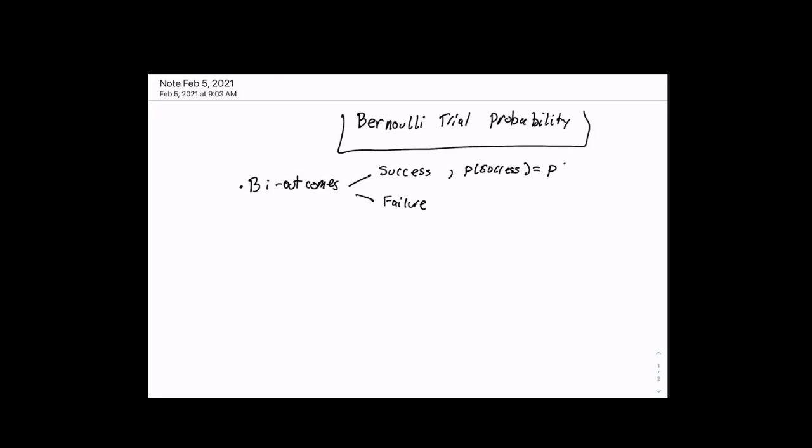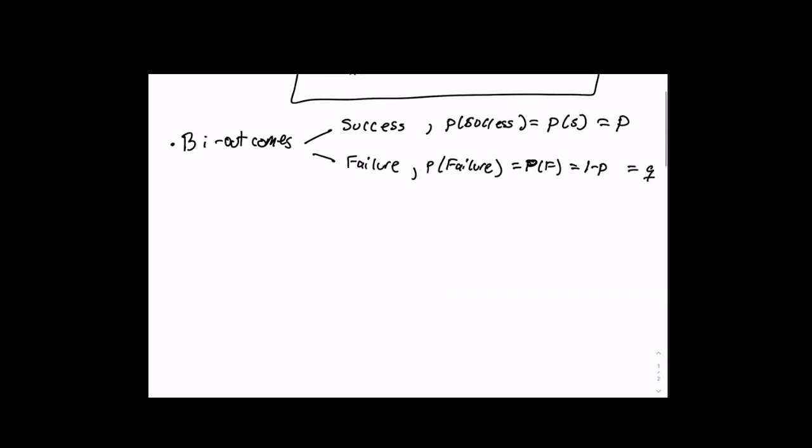We can use P of S, but you might also just see the letter P. And we have the probability of a failure. You might see that as the probability of F, or as 1 minus P, and we might even use Q. The probability of a success is P, and therefore the probability of not getting that would be 1 minus P.